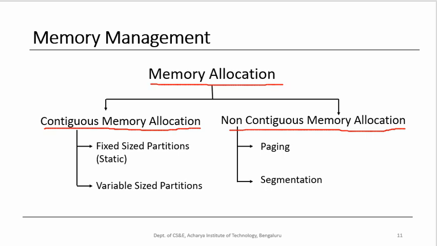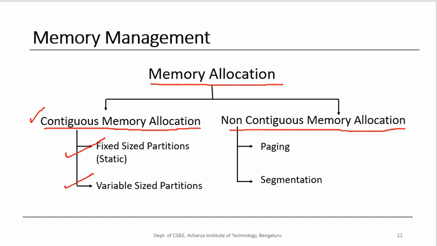Let us postpone the discussion on non-contiguous memory allocation for a while and take up contiguous memory allocation for elaborate discussion. There are two different approaches in contiguous memory allocation. The first one is the fixed sized partitions approach, and the second one is the variable sized partition approach.